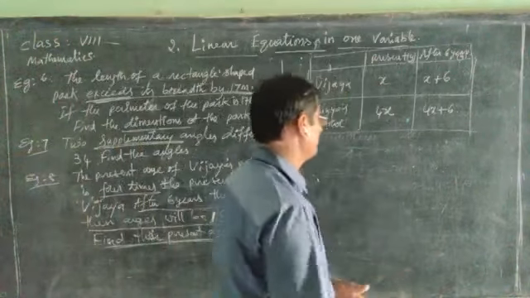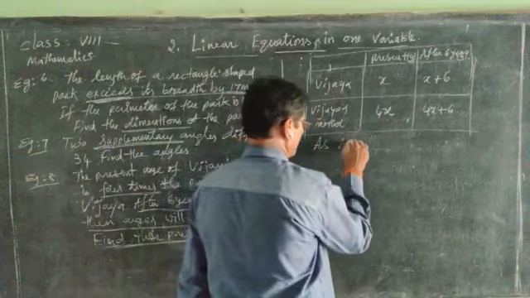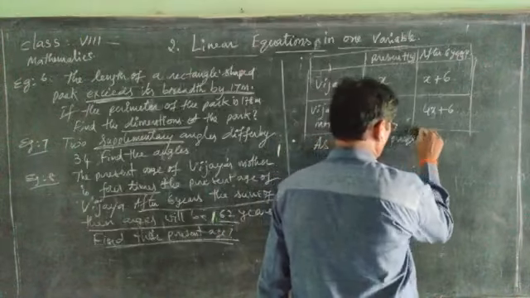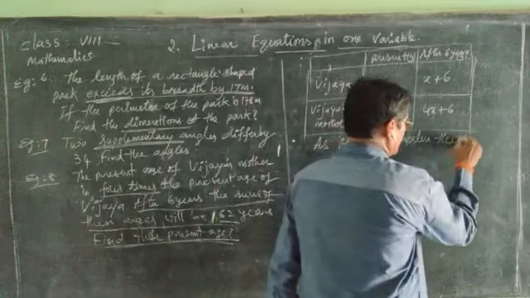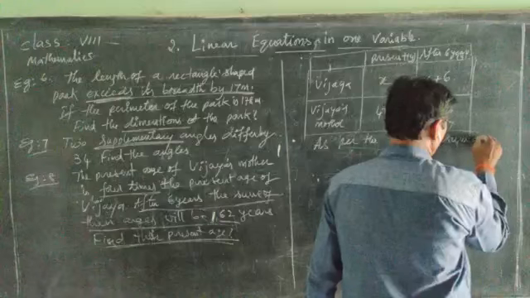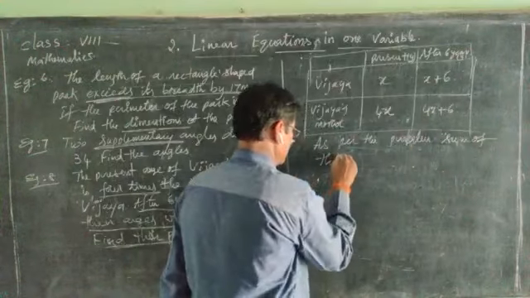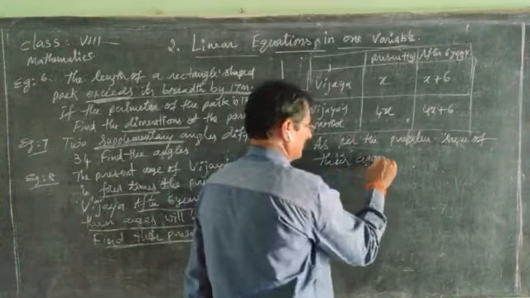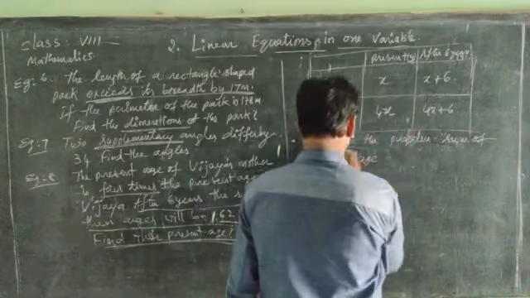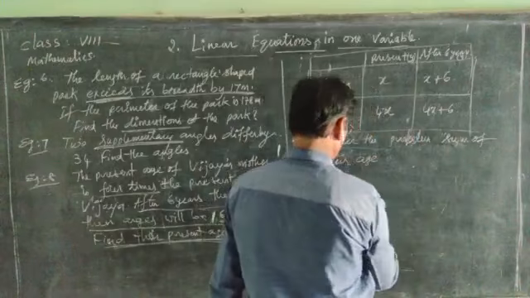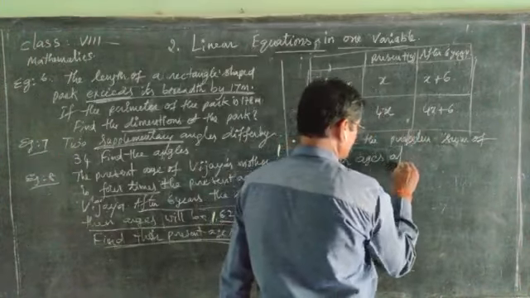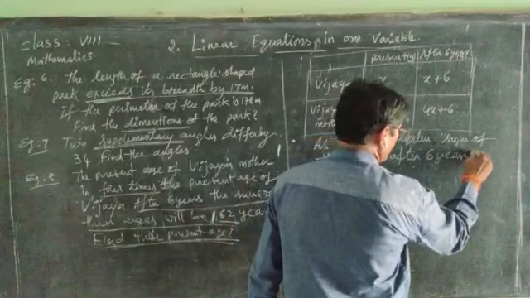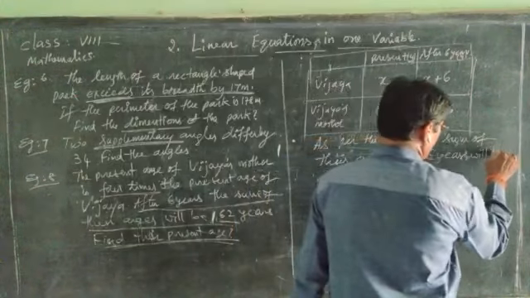As per the problem, the sum of their ages after 6 years will be how much?